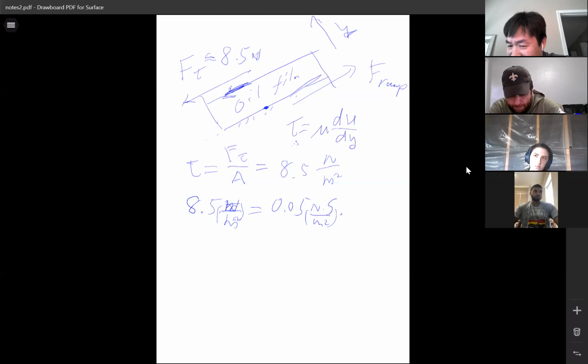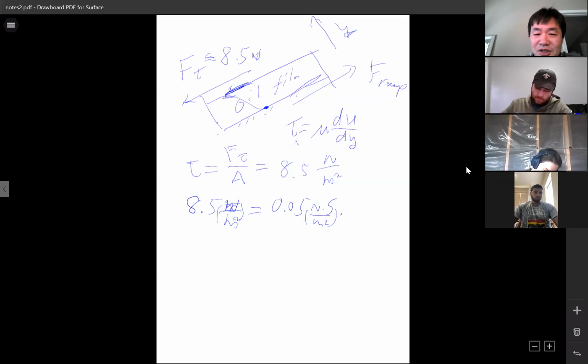Is that right, everybody? Educated guess, right? It has to be a gradual change. It may not be linear, okay? If it's thin enough, it's close to linear change. If it's thicker, then it might not change linearly from 0 to 2 centimeters per second. But actually in this problem, you don't get too much. Let's assume it changes linearly. So that's what the velocity distribution looks like inside this oil film.